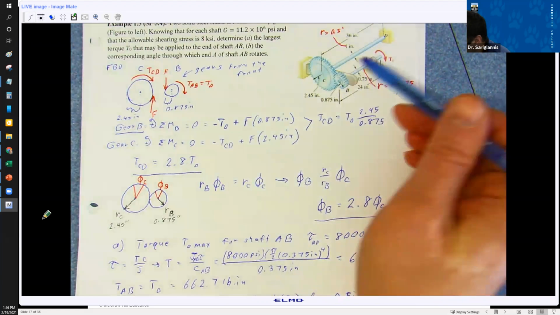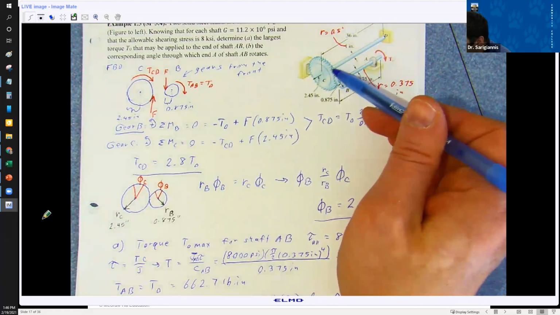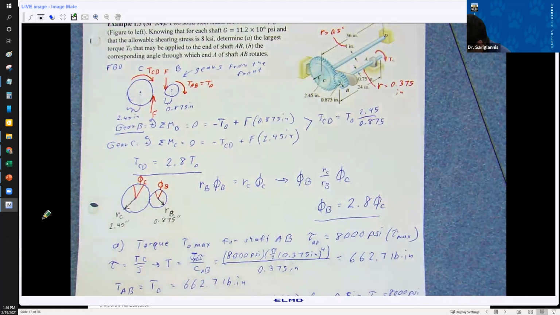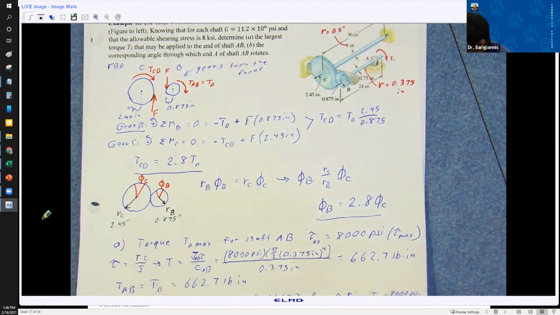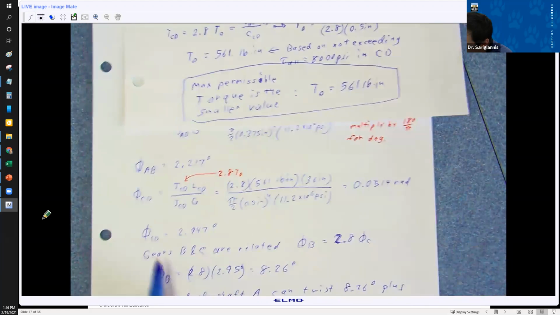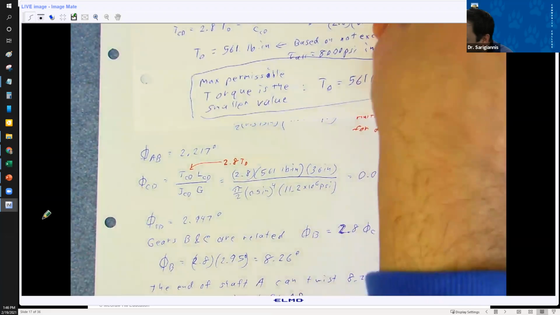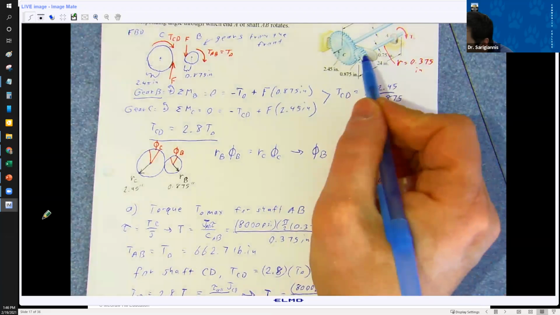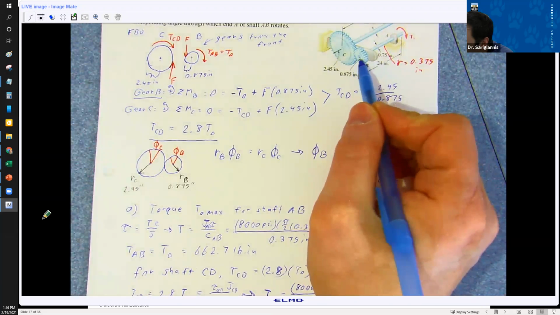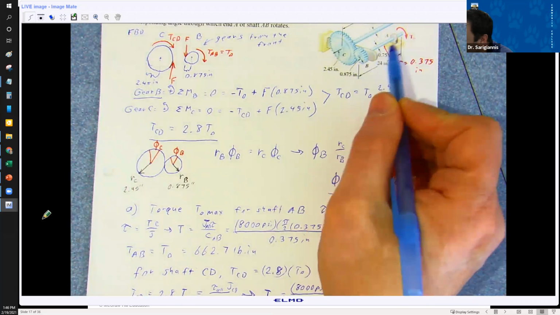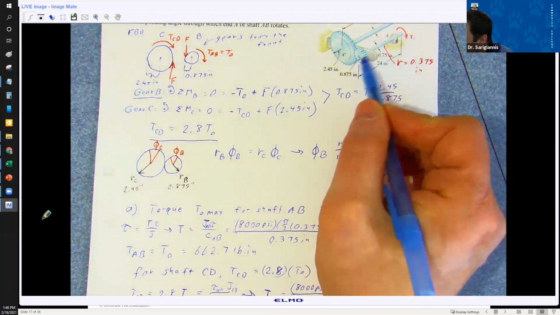We got 2.95 degrees of twist in CD, so you're getting 8.26 degrees of rotation in this gear, and that's with AB not twisting at all.